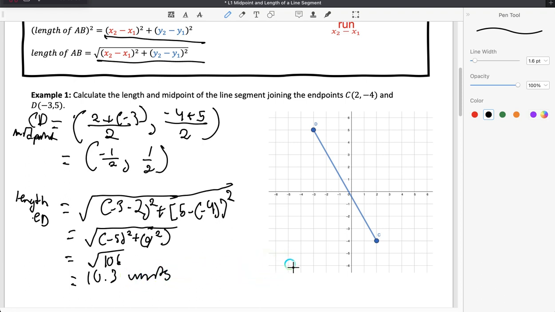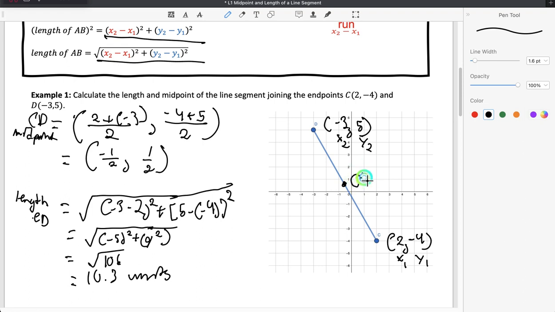This is the length. So we should also graph this on our graph. C is (2, -4) and D is (-3, 5), so this is going to be x1, y1, x2, y2. Our midpoint is going to be approximately here.